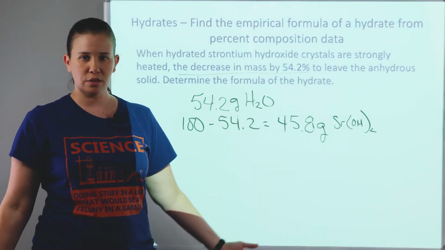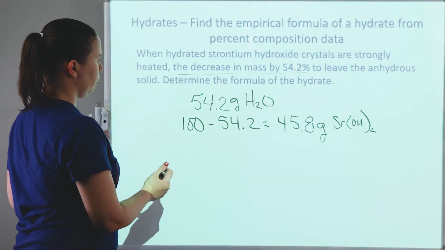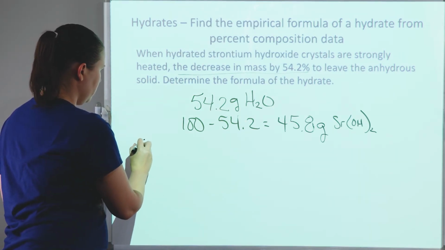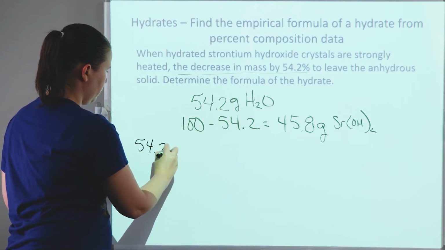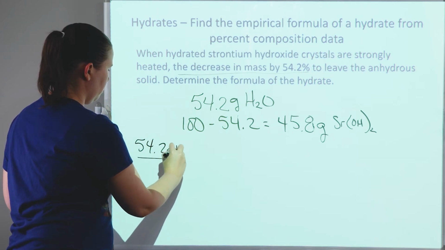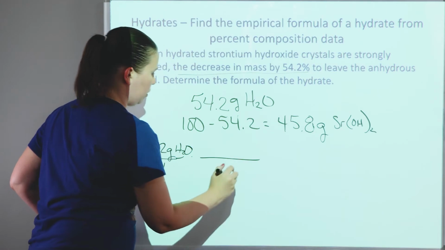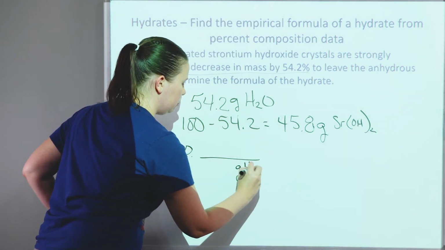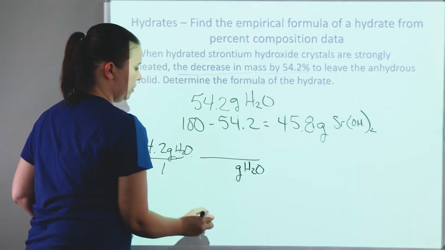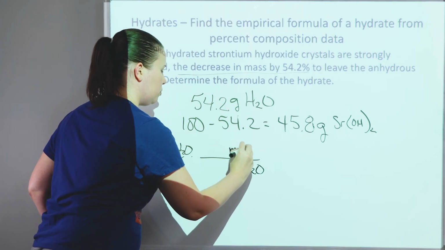The trick here, of course, is to use the molar mass to convert from grams to moles. I'll start with the water: 54.2 grams of H2O over 1. Then I'll put the grams of H2O on the bottom, good old dimensional analysis, top to bottom, using my mole conversion here.